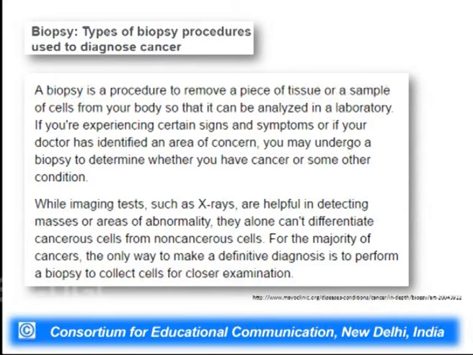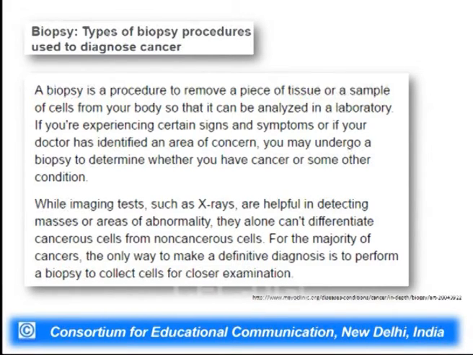Now, let's go into the various types of biopsy which are available to diagnose the cancer. As we studied, biopsy is basically a procedure to remove a piece of tissue or specimen of cells from the patient's body, so that it can be observed under laboratory conditions as well as on a microscopic slide.